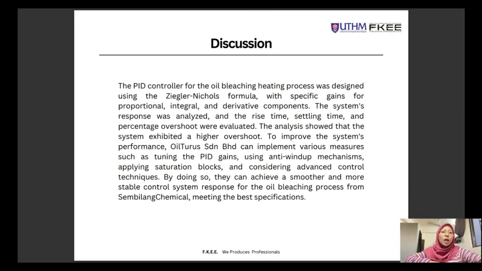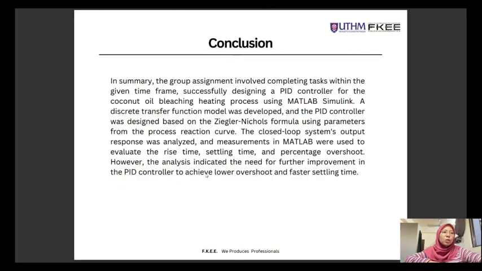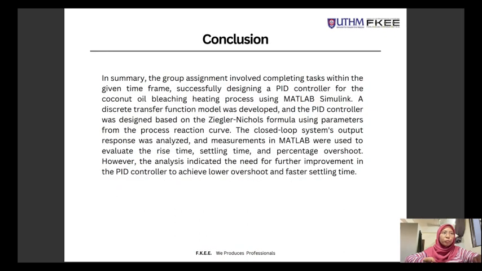So next is our conclusion. As conclusion, all the tasks assigned in this group were completed, and the PID controller was successfully designed for the coconut oil bleaching heating process by using MATLAB Simulink, and it provided the open loop test output response. Prior to designing the controller, a discrete transfer function model was developed and used effectively.